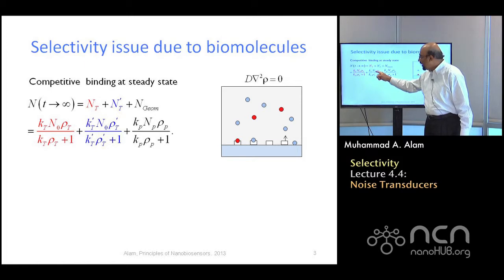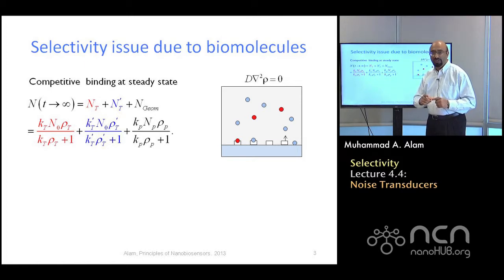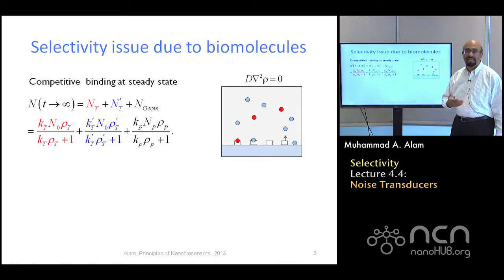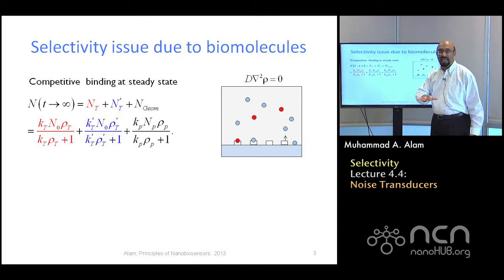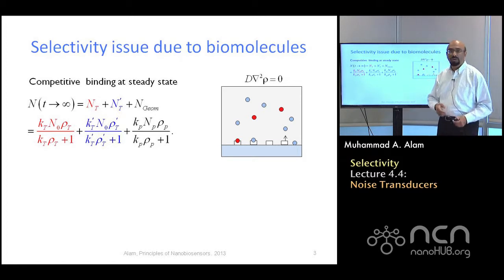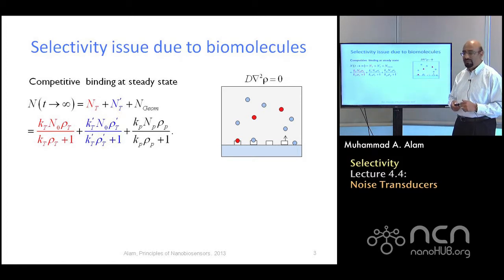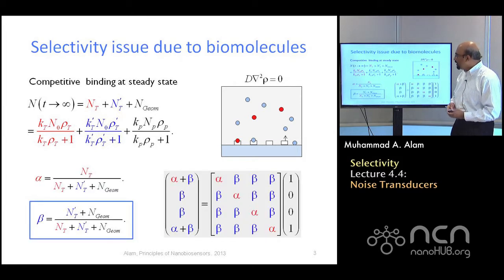But of course, there can be wrong biomolecules attached to the receptor. In that case, that's the blue region. So that's a selectivity problem. And of course, the wrong biomolecules may be sitting in the empty space on the sensor surface itself. That will also produce a noise. That's a typical kind of noise we have talked about.